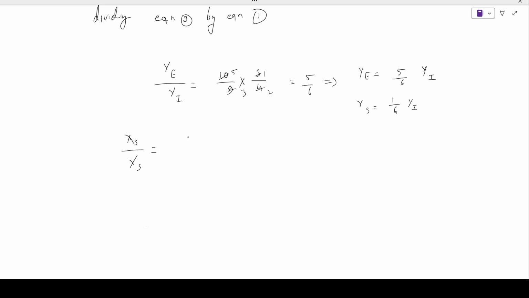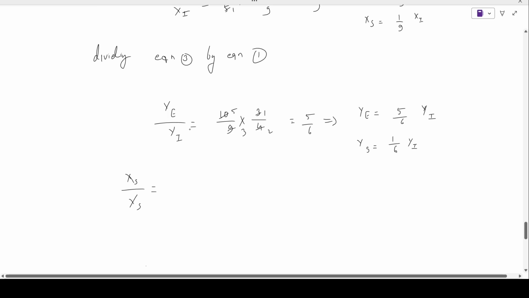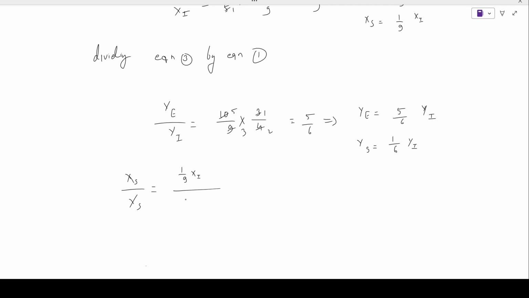Now we have X's saving is equal to 1 by 9 times of XI. Y's saving is 1 by 6 times of YI. This is capital X, mind this.